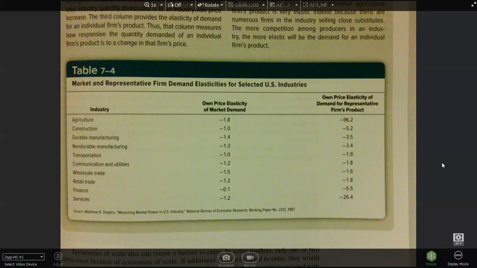So the closer to 0 we get, the more competition there is, and the closer to 1 we get, the more the industry resembles a monopoly. We're asked in this question which of these in the whole table is the most monopoly-like or perfect competition-like.